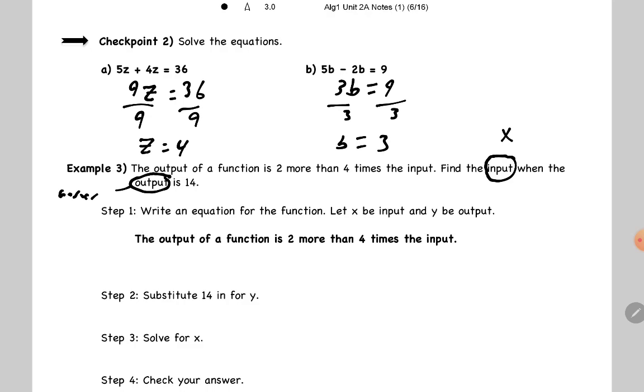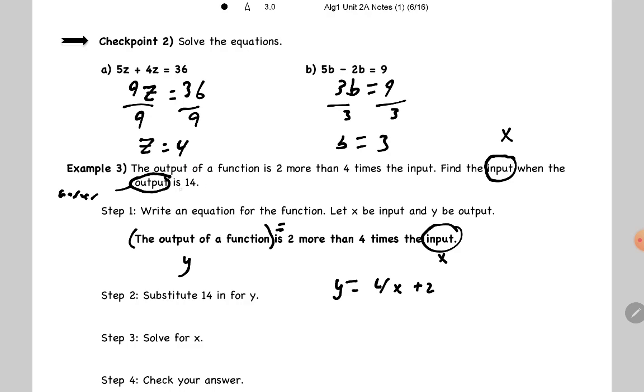I'm going to call the output of the function, our answer, y. Our input, we're going to call x. The output of the function is equal. Is means equals, remember. So equals 2 more, which means 2 plus, then 4 times the input. So 4x plus 2 or 2 plus 4x. Either way works.